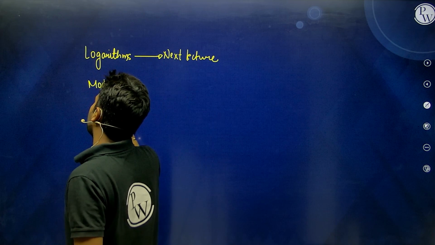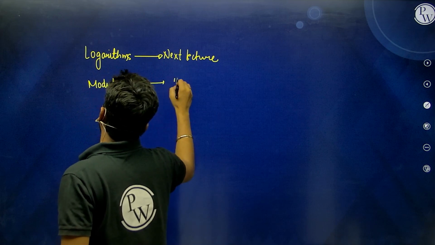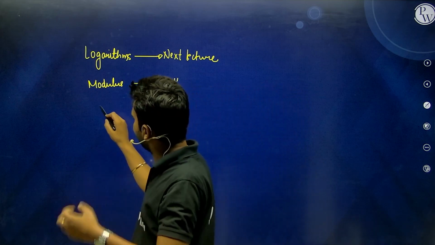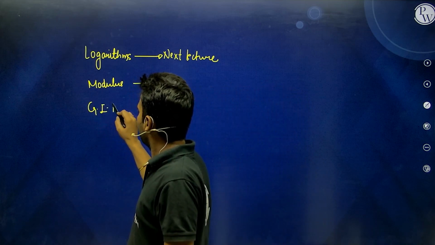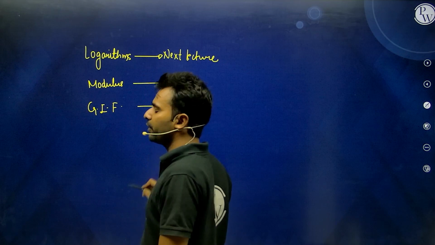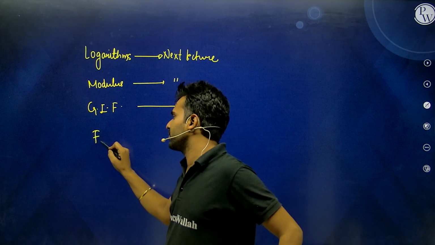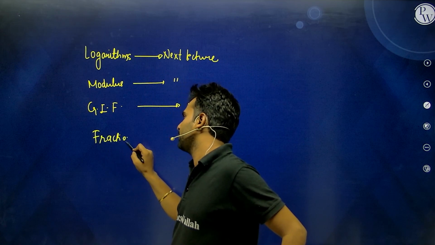Modulus also we're going to cover in the modulus function itself, and equalities and inequalities we will be covering in the second lecture. Also greatest integer function, the entire function part, and also equalities and inequalities we will be learning in the next lecture only. And fractional part function also we will be learning in the next lecture only.